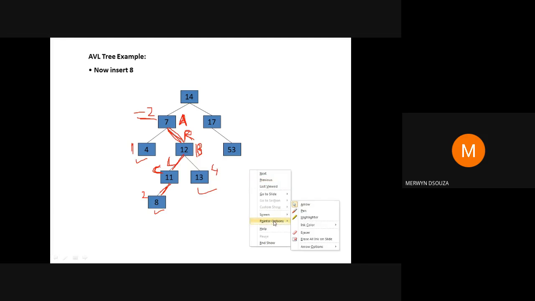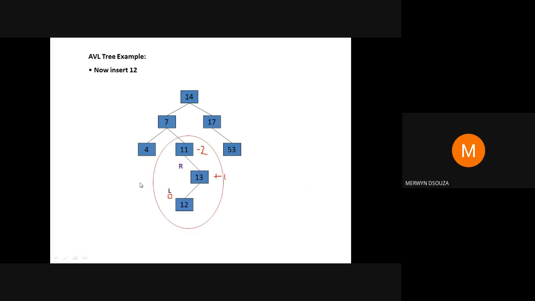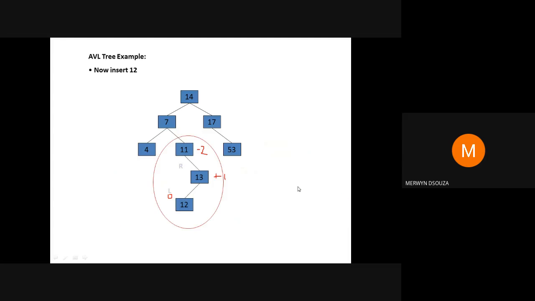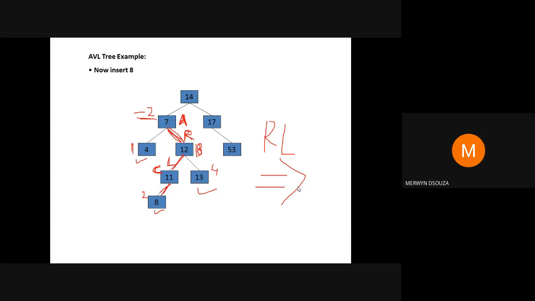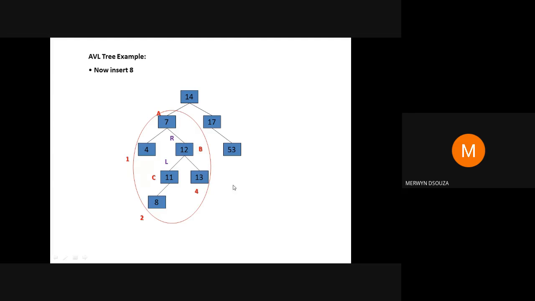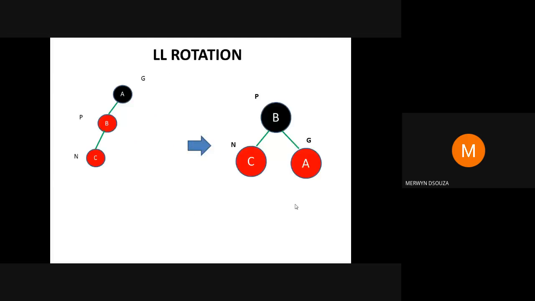So I will apply RL rotation here, and I will balance it according to this rotation diagram. When I rotate it, it will look like this. I'll just remove all the ink from this slide. You can make out this is the labeling for it, and once you balance it, it will look like this.